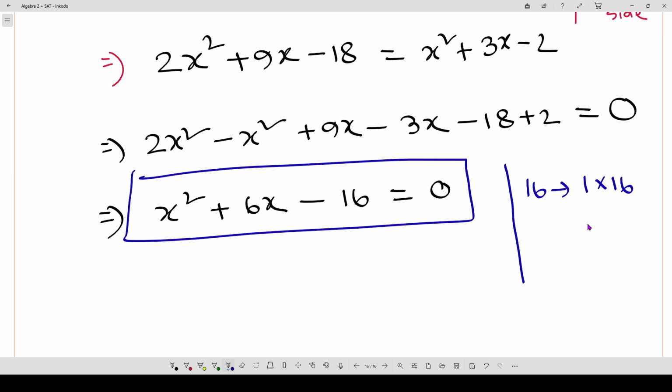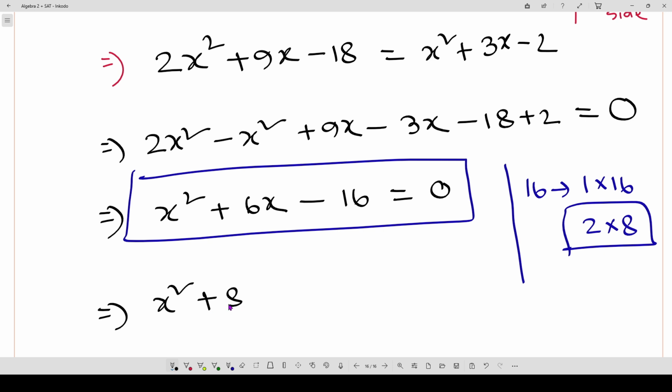So we can write 2 times 8. It's a matter of solution. 2 times 8 is 16, and 8 minus 2 is 6. Therefore we can write it this way: x² + 8x − 2x − 16 equals 0.